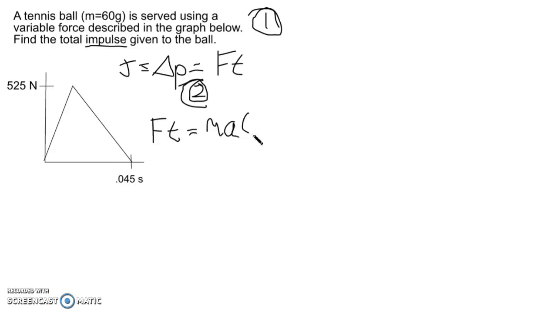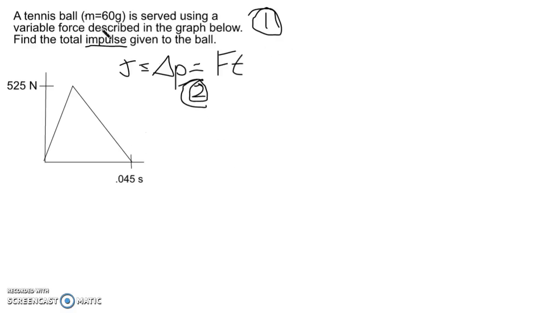So force times time equals mass times acceleration times time. And acceleration is the change in velocity over time. So you'd have force times time equals mass times change in velocity, which is change in momentum. So that's why force times time equals change in momentum.